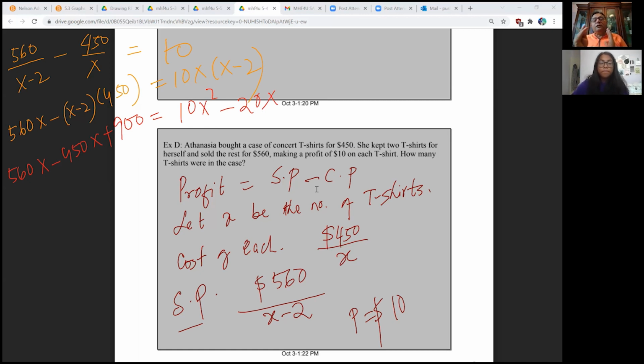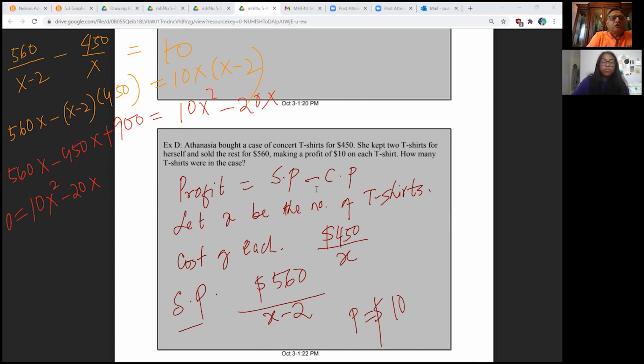When you bring all the terms together, I would like you to keep the leading coefficient always positive. So 10x squared is on the right hand side. So we'll move all the left side items to the right hand side, keeping that as positive. You understand the strategy, correct? So I will write 0 equals 10x squared, and then we have minus 20x. 560 minus 450 is how much? 110, right?